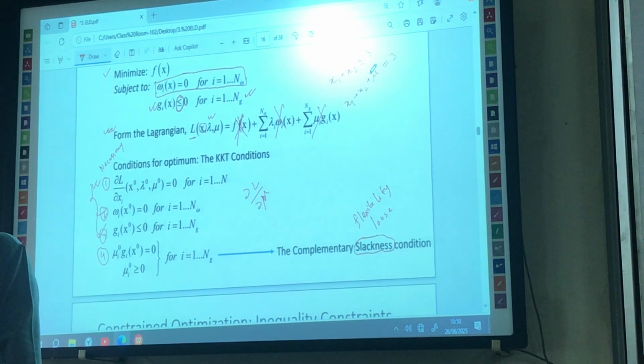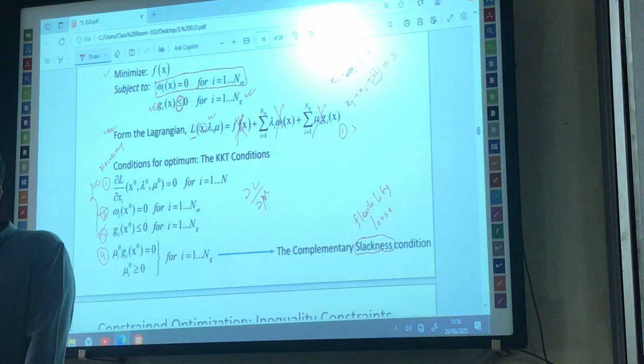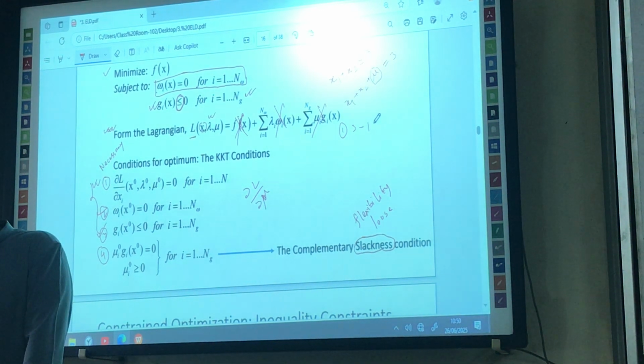Now, what is the value of mu? Let's think about different sets of solutions for x1 and x2. Let's say for case number 1, we are getting x1 as 3 and x2 as minus 1. At that time, what will be the value of x1 plus x2? It will be 3 minus 1, that is equal to 2. Is it less than 3? Yes, it is less than or equal to 3.